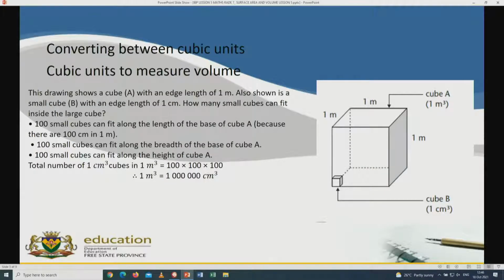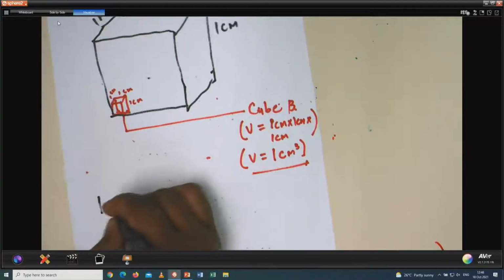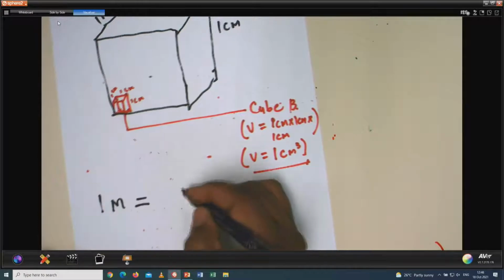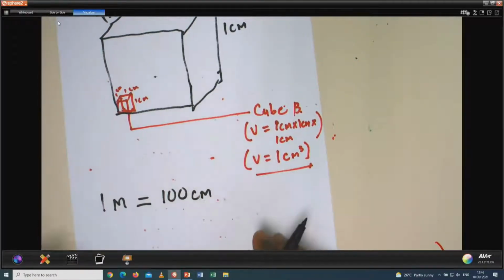Then now, we're saying 100 little small cubes can fit along the length of the base because there are 100 centimeters in 1 meter. 1 meter is equal to 100 centimeters.